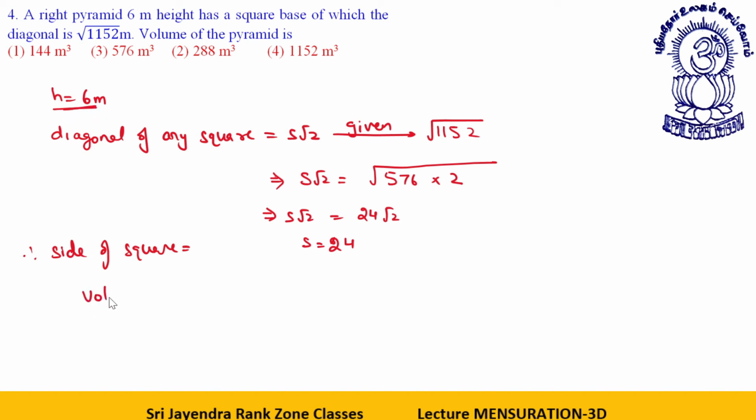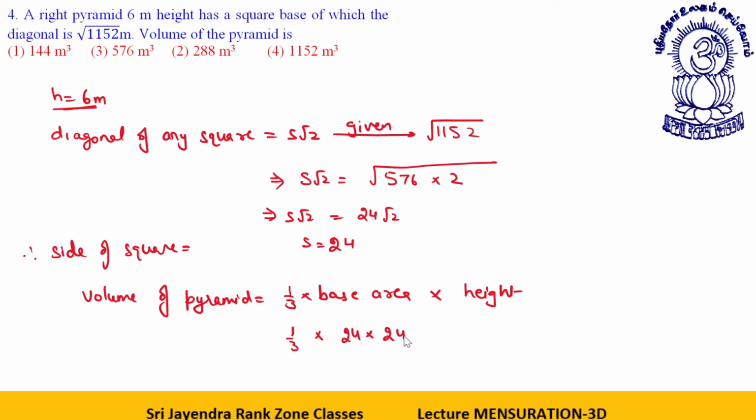What is the volume of pyramid? Volume of pyramid is equal to 1/3 into base area into height. So this is 1/3, base is a square, so its area will be 24 into 24 into height 6. 3 and 6 cancel to give you 2. 24 into 24 is 576, into 2.